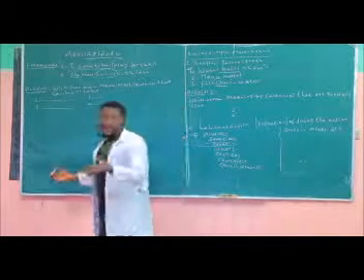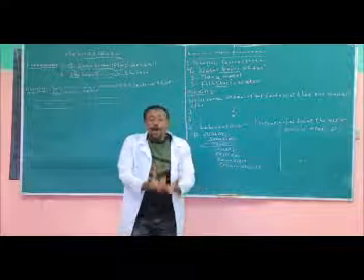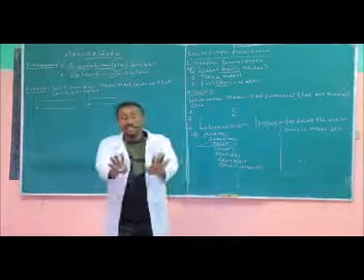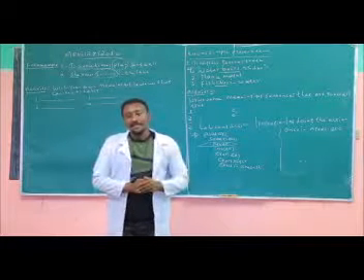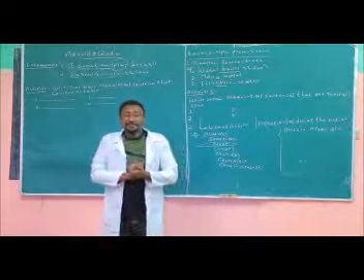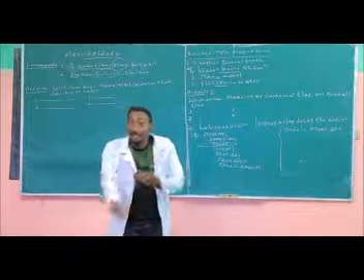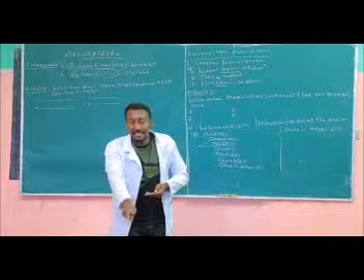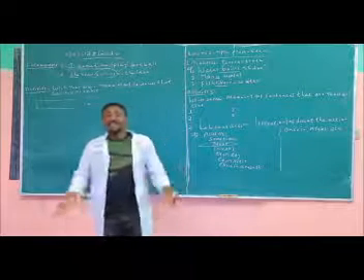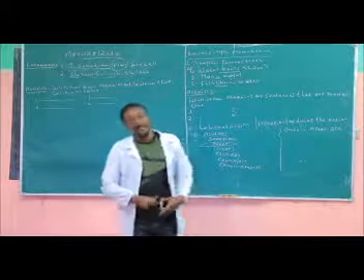So, simple present tense is used to talk about actions that are being performed at the present time. For example, at this time you are listening to me, and at this time I'm teaching you. This is what kind of action? Present action. Excellent, students. Why? Because the action is being performed now.